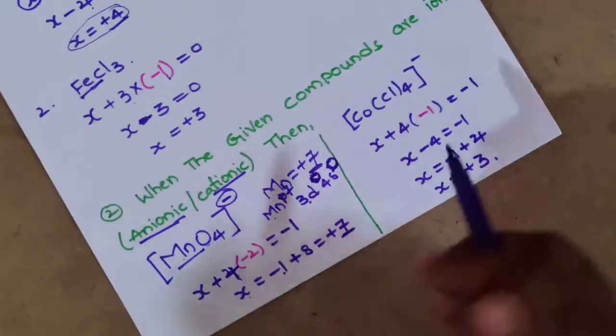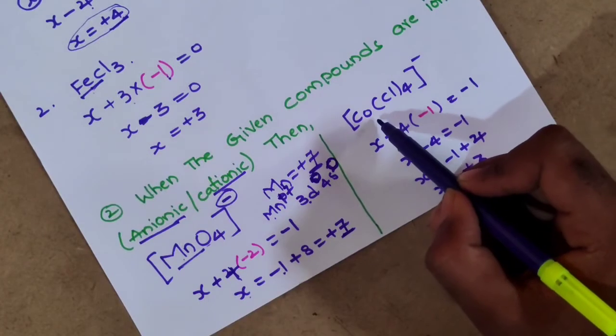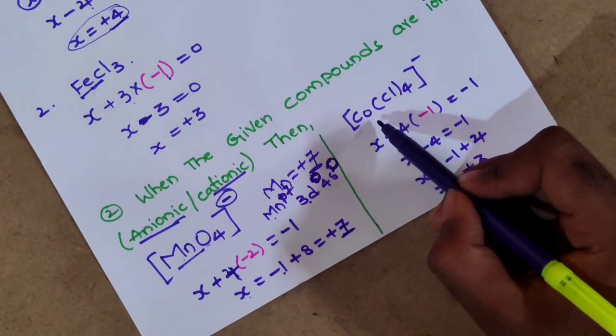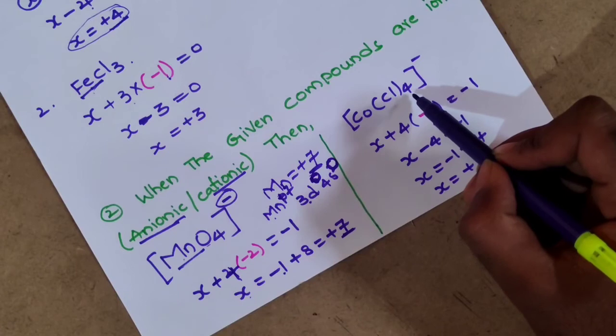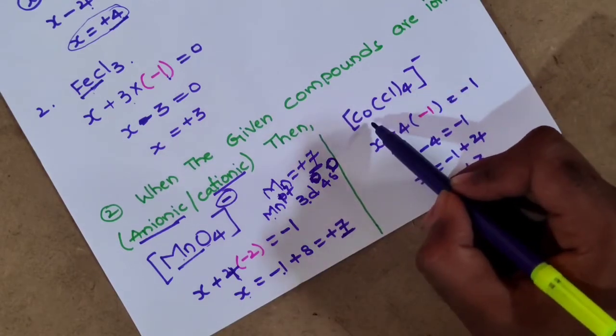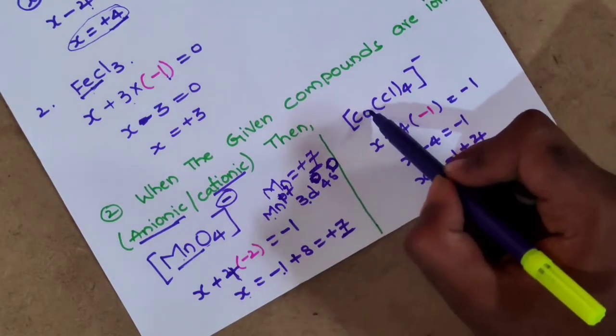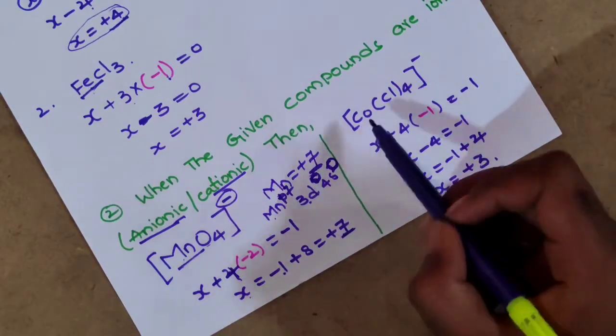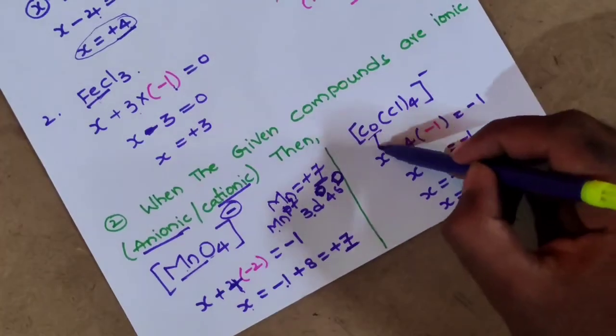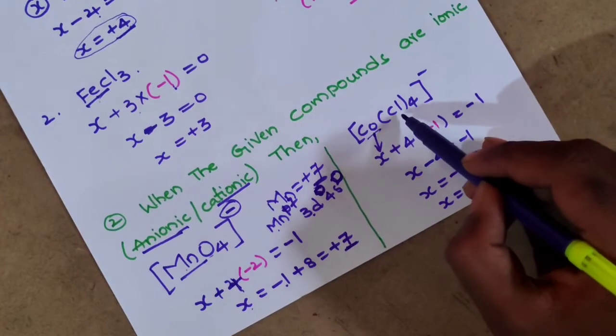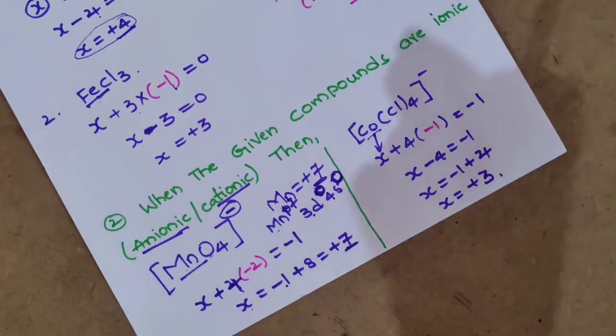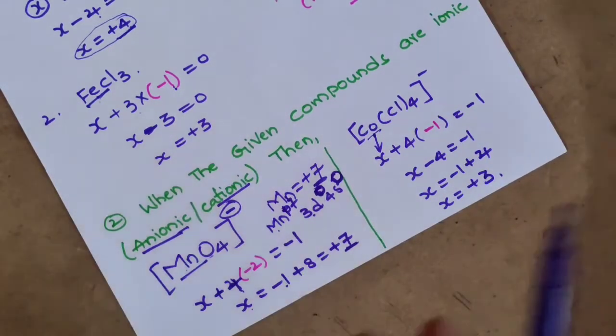And then similarly for this complex we have 4 chloride ions bonded to this cobalt. So consider the charge of this cobalt as X, and then we know that each halide is monovalent with a negative charge.